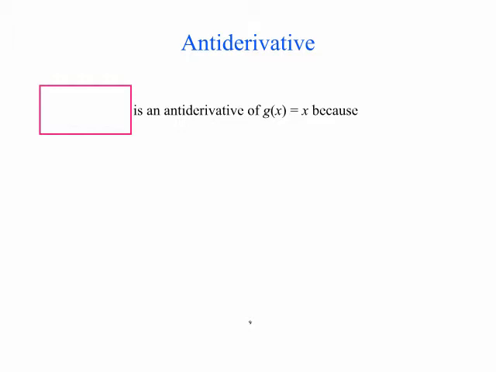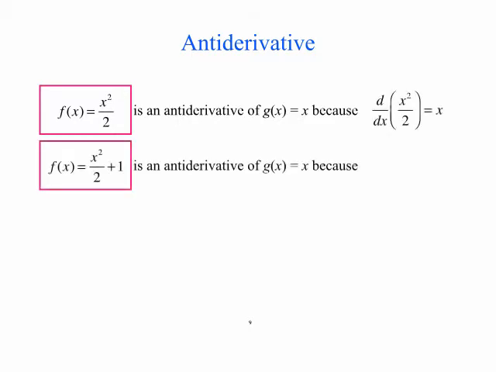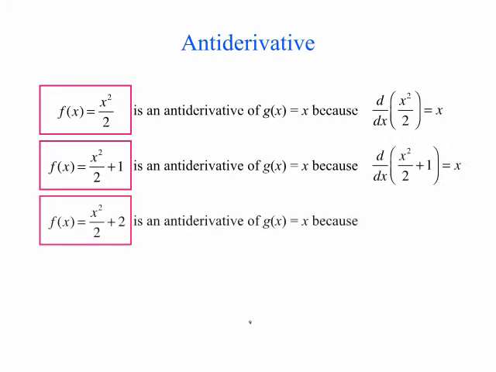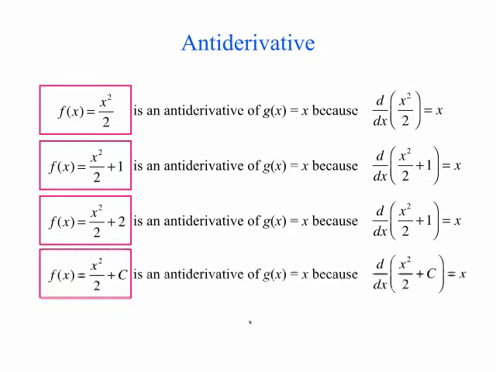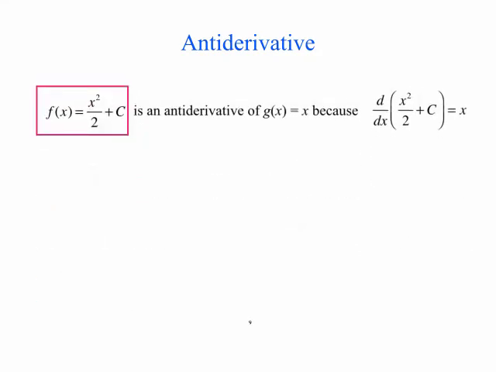So how do I account for the 2? I divide by 2, right? So x squared over 2 is an antiderivative of g of x equals x because the derivative of x squared over 2 is x. Here's another one, right? x squared over 2 plus 1, because the derivative of that is also x. And so on and so forth, okay? So that's why we use this last plus C to represent generically what an antiderivative of x would look like, okay?